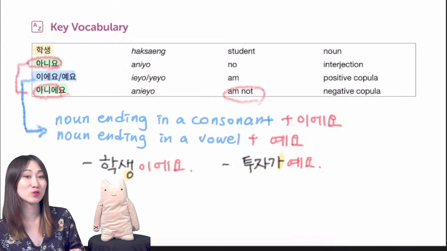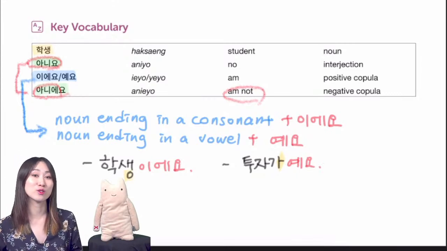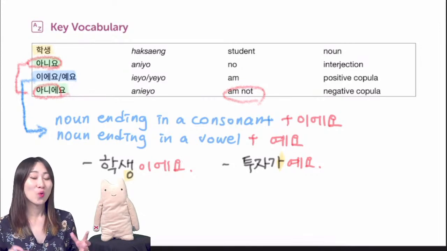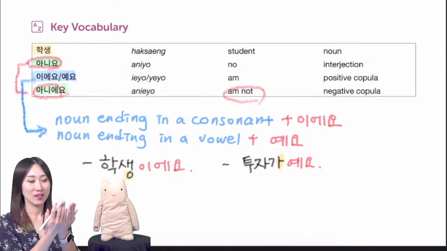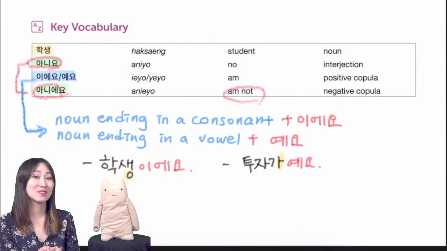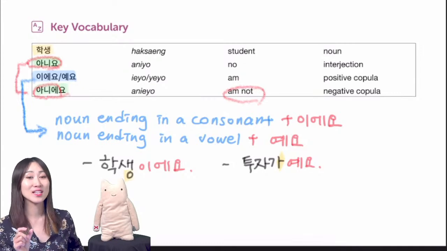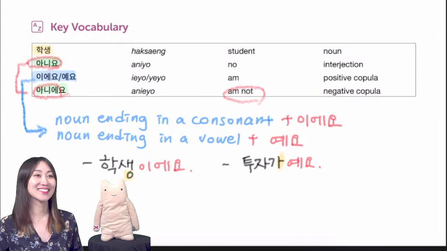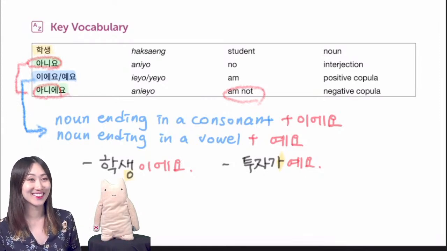You're an investor. He's an investor. She's an investor. So 학생이에요, 투자가예요. So there are two versions. Be careful. You have to listen carefully to the noun, or look at the noun carefully. If it ends with a consonant, 이에요. If it ends with a vowel, then use 예요. Katie, exactly. And another good example is 바보가 아니에요.